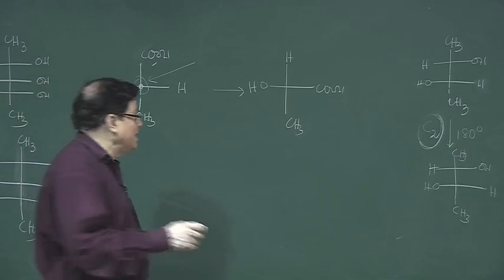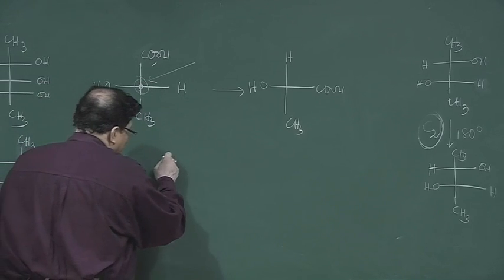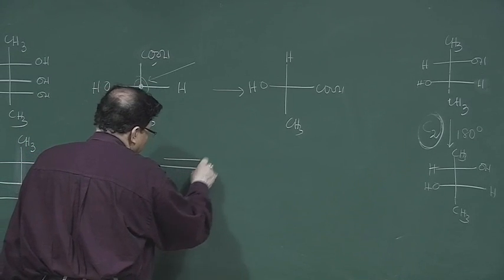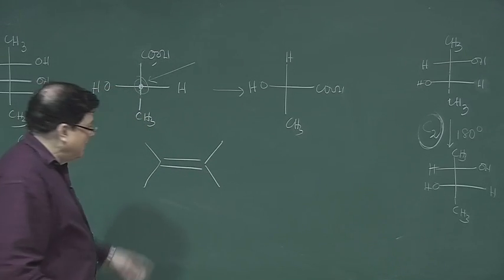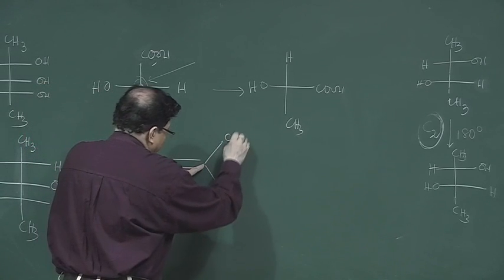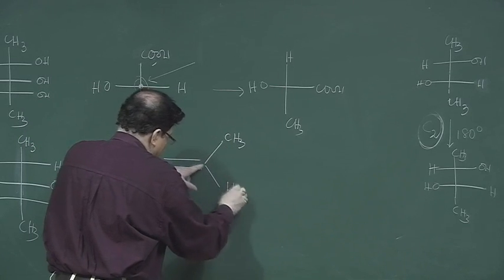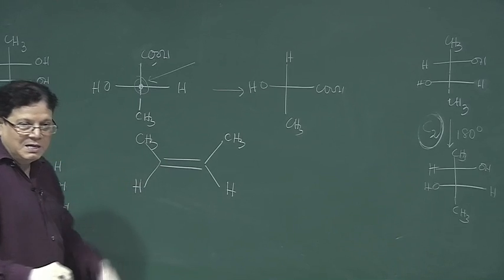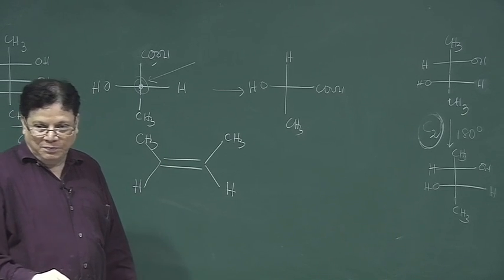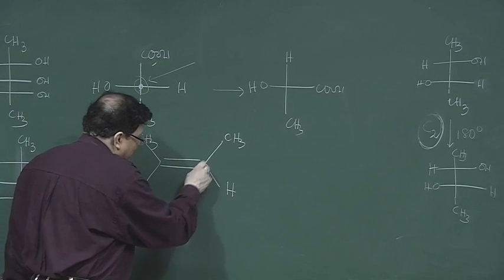Okay. Interestingly, stereogenic center is also associated with double bonds. If you have this compound, this is what is called cis 2-butene. Now, look at this carbon.